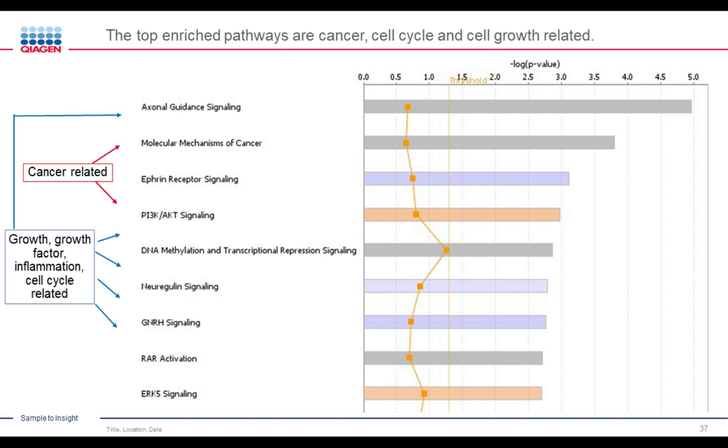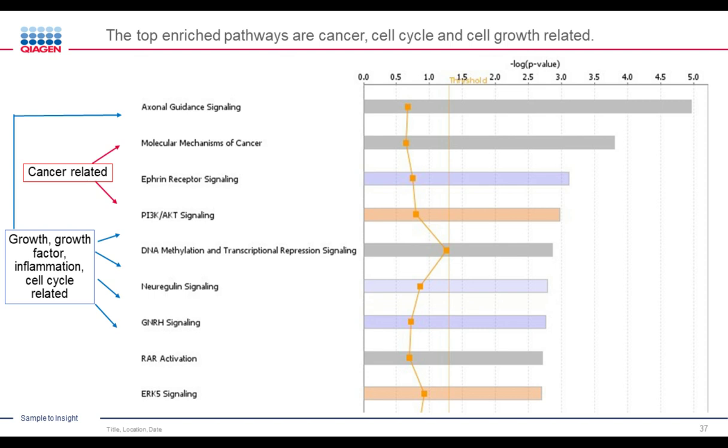In addition to that, there are also pathways such as DNA methylation and transcription repression signaling in the center of the screen. And in cancer, such things are supposed to happen, so we can expect that as well. Now, some other pathways may or may not make sense. For example, there is axonal guidance signaling on the top, and you would think that, hey, this is a renal data set. Why do we see that pathway?